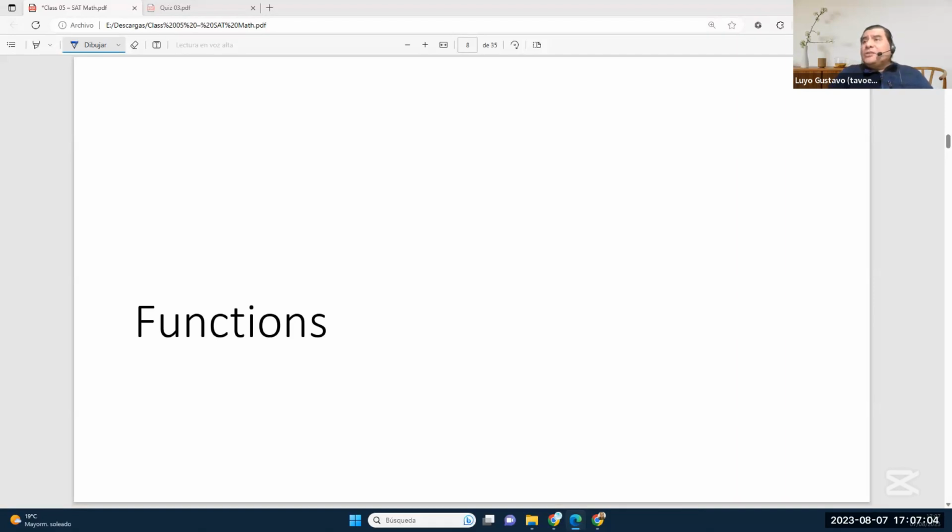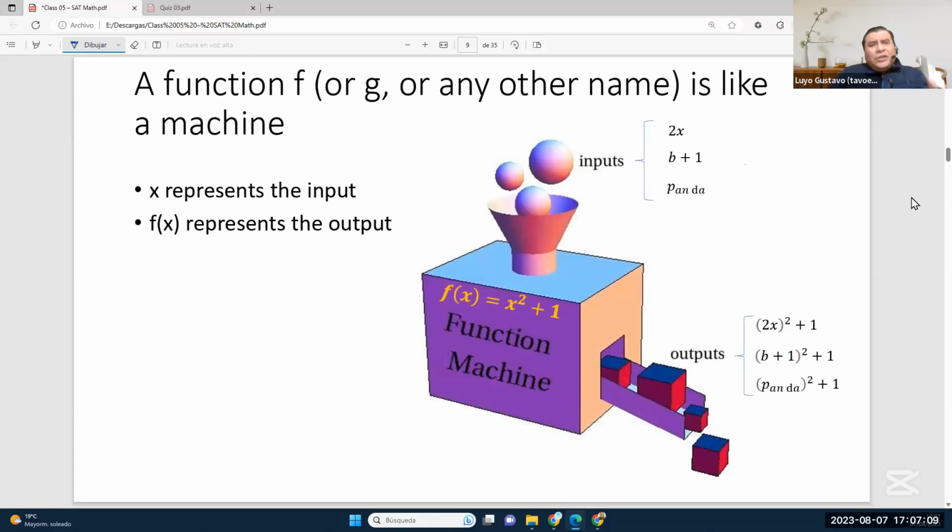When we talk about functions, it's interesting because a function you can interpret as a machine, right? Imagine that you have somewhere where you have inputs entering the machine, and you have some outlet where the outputs are coming out of this machine. And what is the machine?